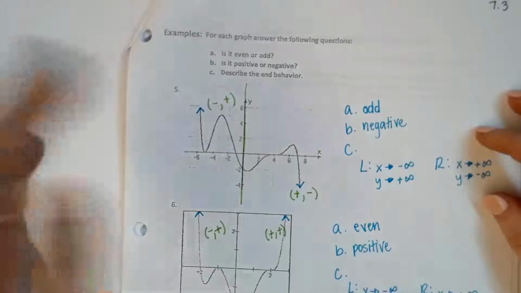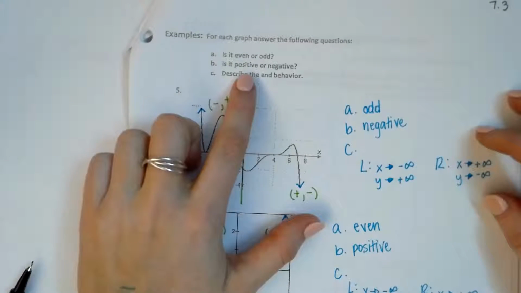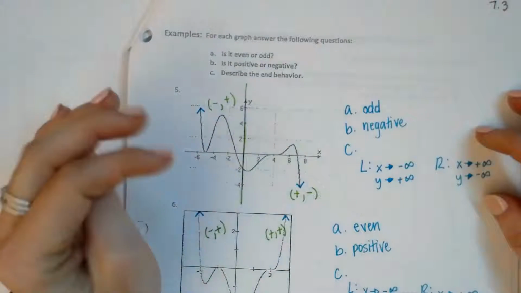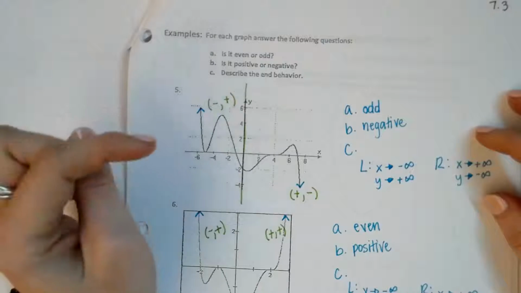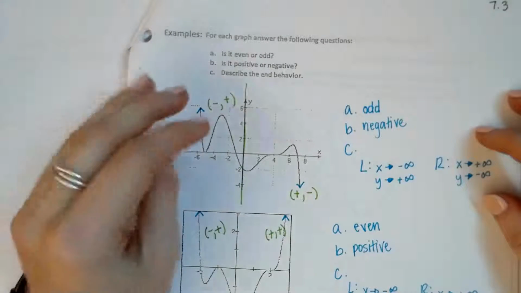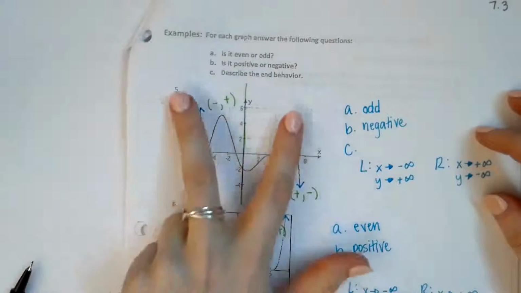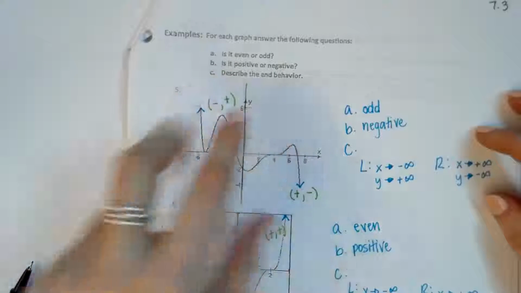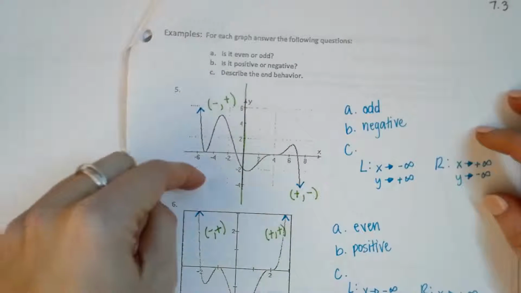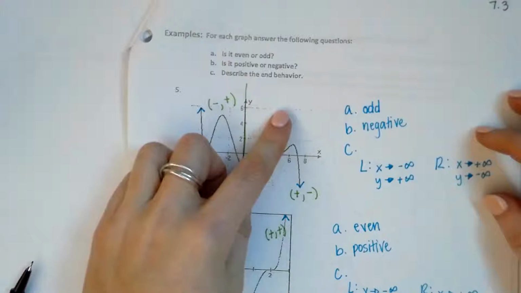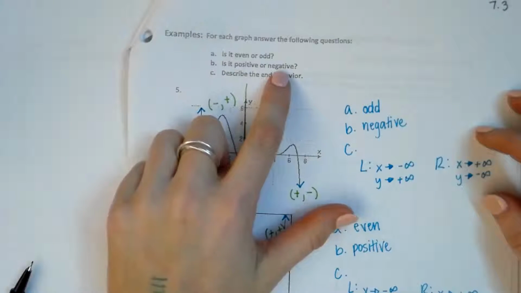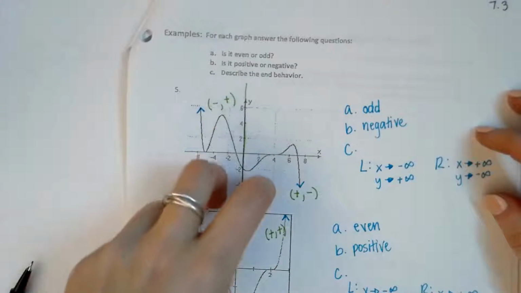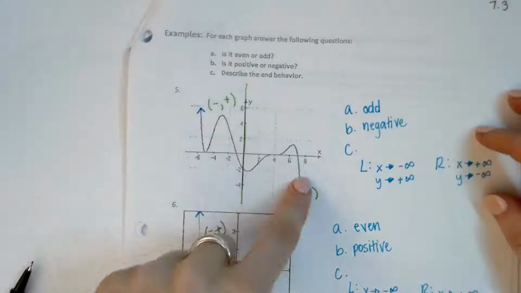So that would be your reasoning. And then is it positive or negative? Positive would be, depending on if it's even or odd, either both ends are going up, or if it's an odd graph, then it's going to go up from left to right. It'd be negative if both of your ends are pointed down, or if it's going down from left to right.